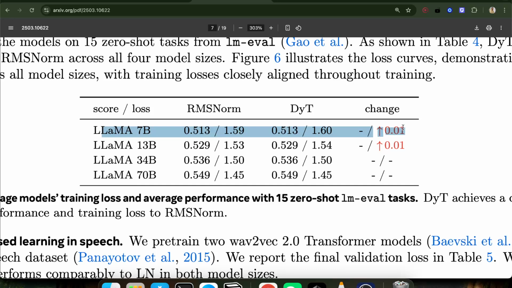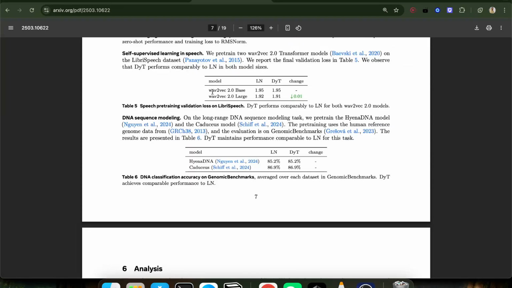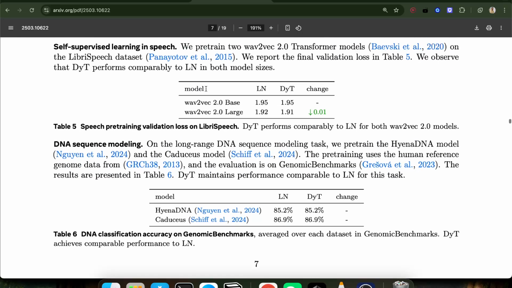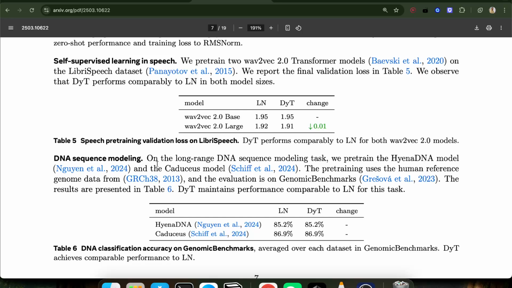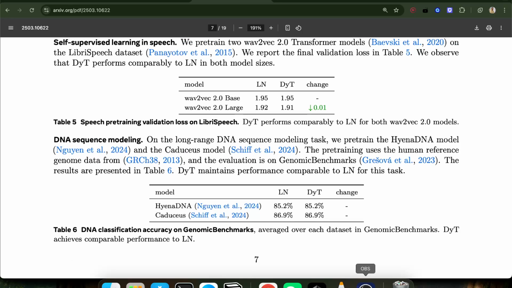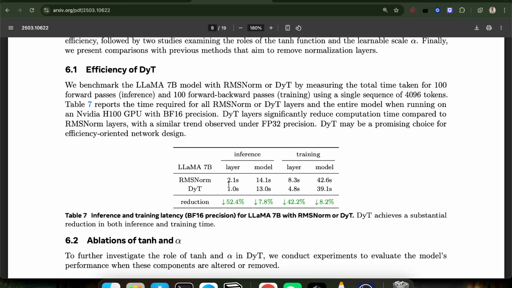Here we can see the change is only a little bit here and almost non-existent compared to RMSNorm. And also for speech and DNA sequencing, it stays almost the same. So the performance may be the same, but the speed of forward pass, inference, and training is faster.